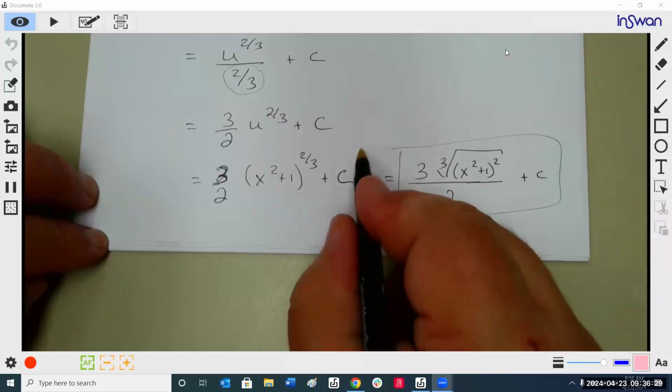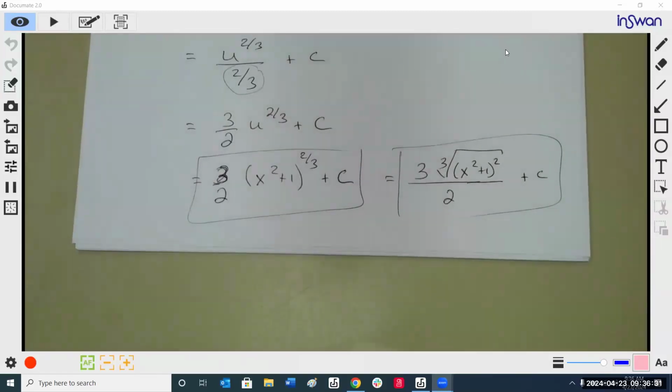Either one of these would work in my book. What do y'all think? Okay, that's the end of that section.